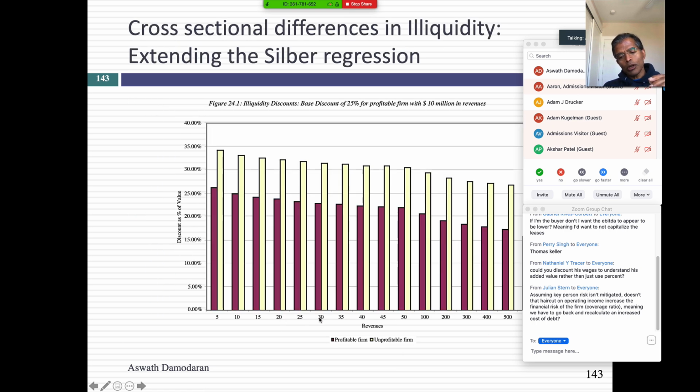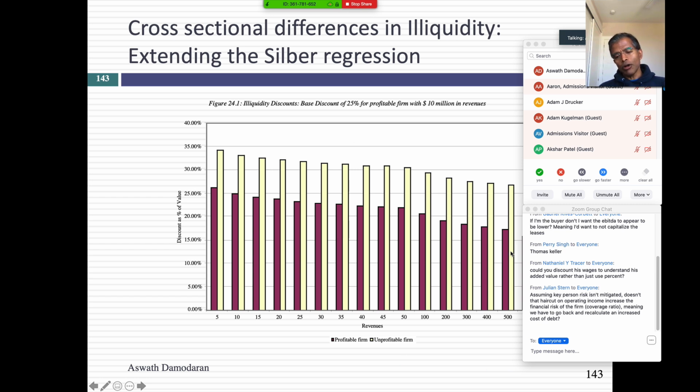And I actually computed what would happen to a 25% discount if your revenues were $500,000 or $500 million. With $500 million in revenues, your discount becomes, if you're a money-making company, about 16 or 17%. So I'm staying within the restricted stock study universe, but I'm adjusting the discount for the fact that the larger your revenues, the smaller the discount should be.